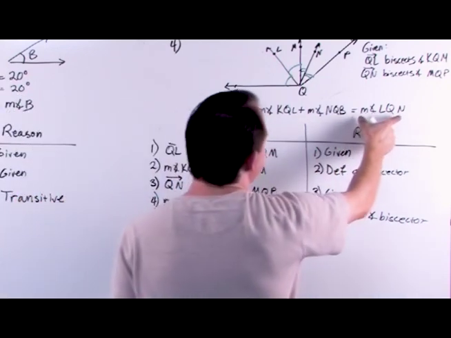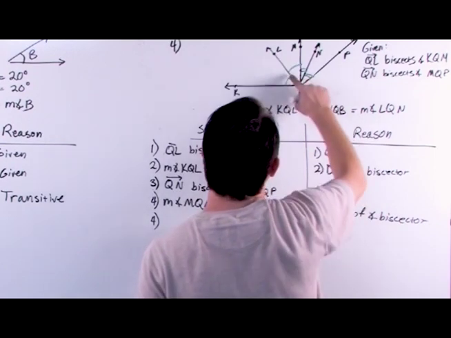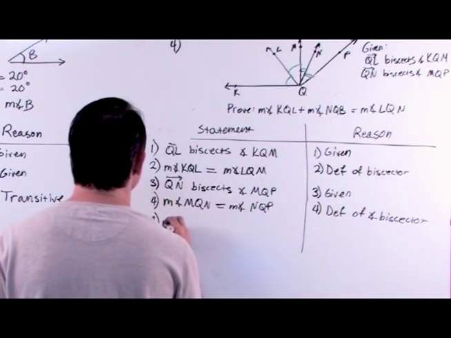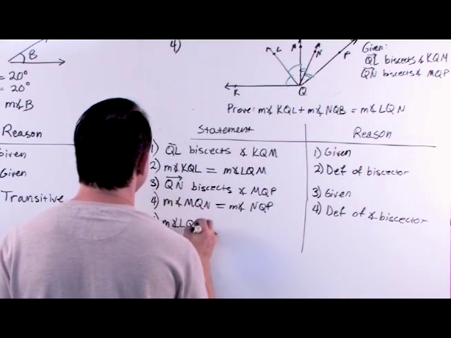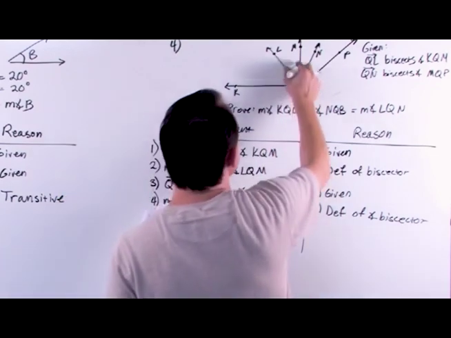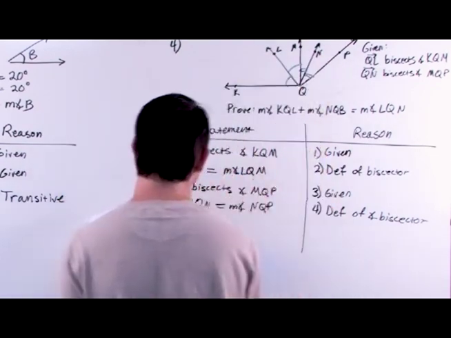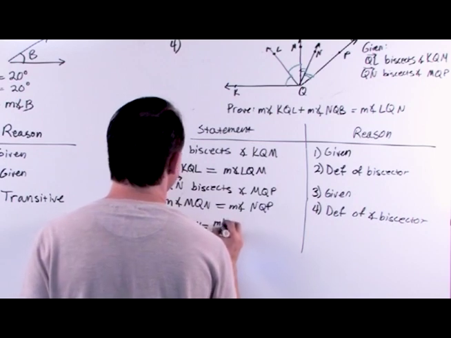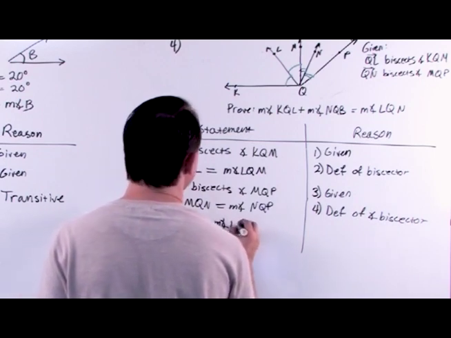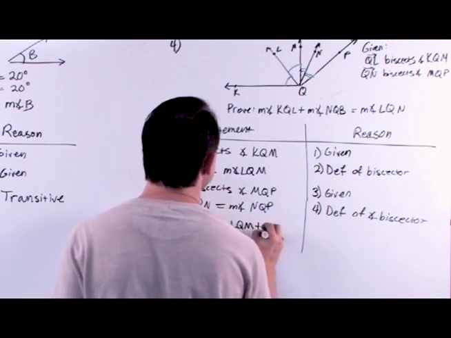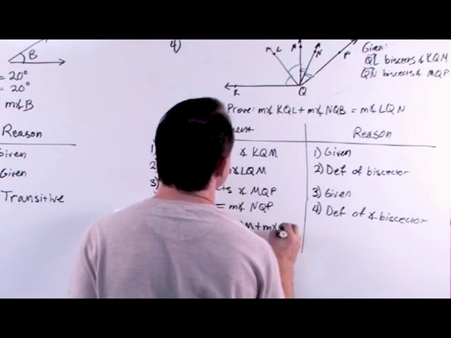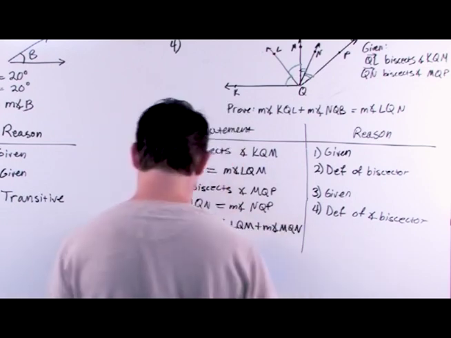Now, what are we trying to prove? We're trying to figure out an expression for this angle, LQN. So let's write that down. The measure of angle LQN, what would it be equal to? It's equal to this one plus this one, right? Just by looking at the drawing. So that's equal to the measure of angle LQM plus the measure of angle MQN.